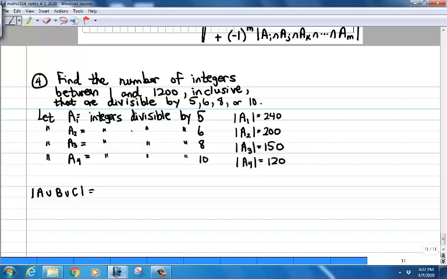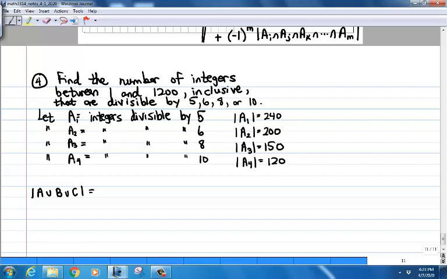Let's let A sub 2 be integers divisible by 6. So the cardinality of that set is going to be 1200 over 6, which is 200. This is just like the earlier example. Let's let A sub 3 be the integers divisible by 8. The cardinality of that set is 1200 divided by 8, which is 150.